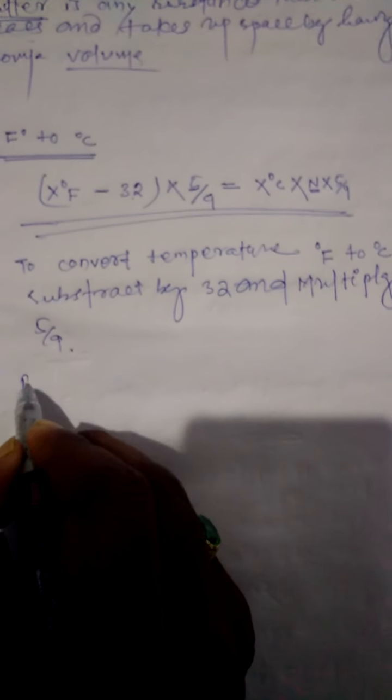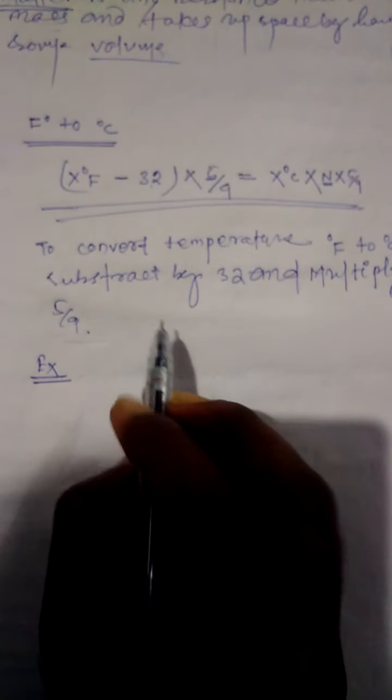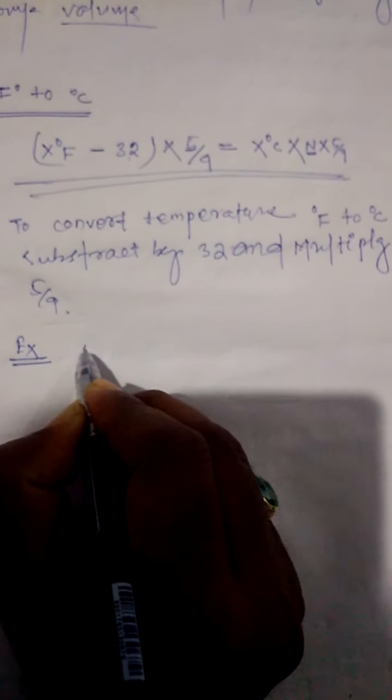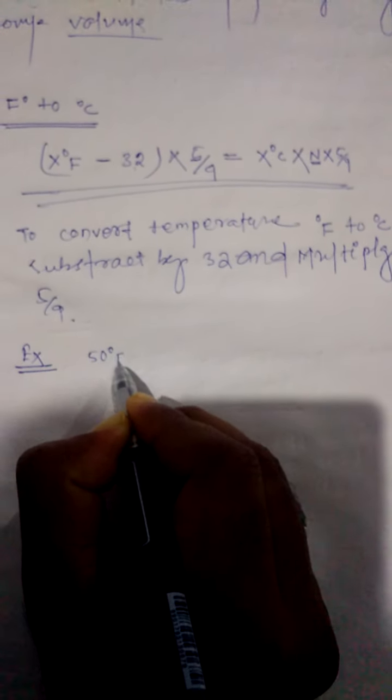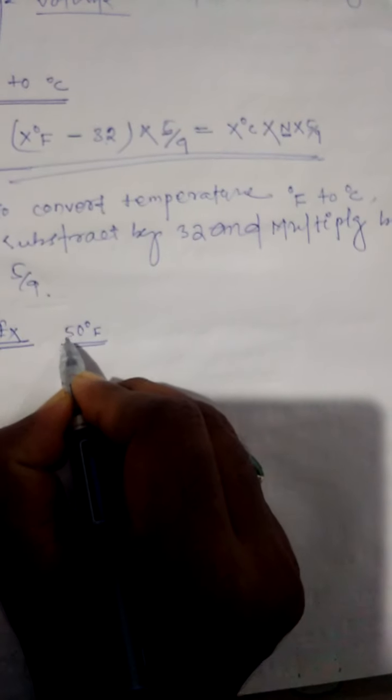One example we will take. Suppose the degree of Fahrenheit is 50 degree Fahrenheit, and suppose this much Fahrenheit is converted into degree Celsius. How much will it become?